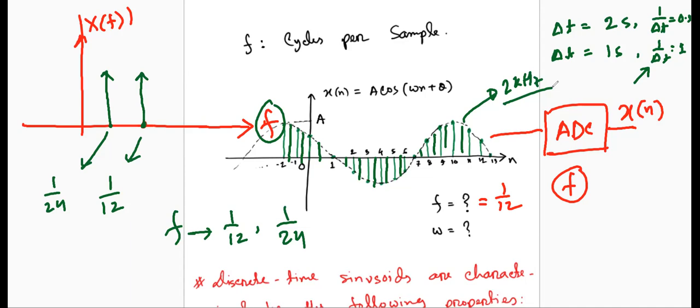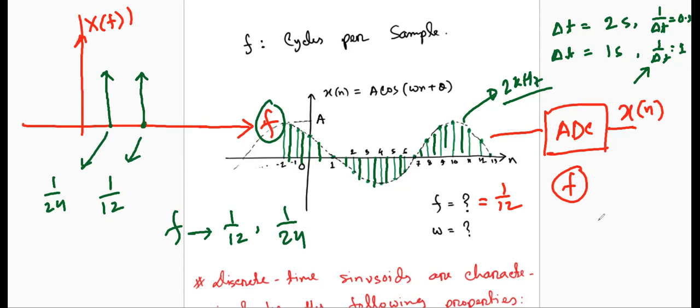Yes or no? Yes, you can. So how can you change that? By changing the sampling frequency. Exactly, by changing the sampling frequency.